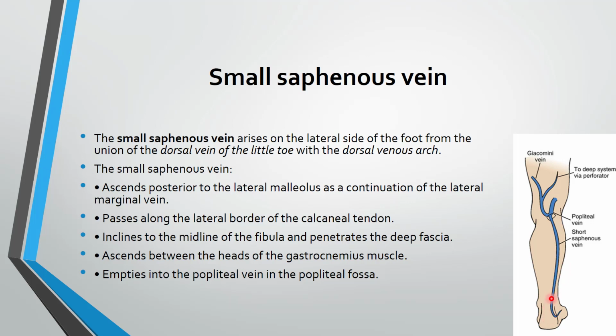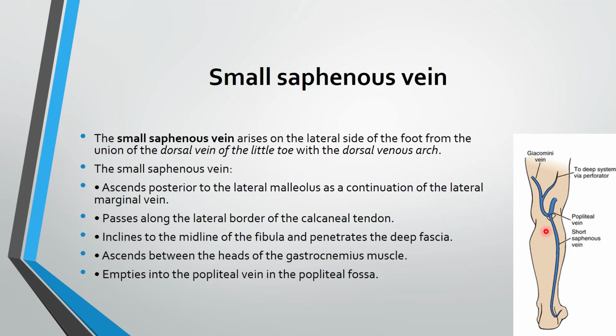It will pass along the lateral border of the calcaneal tendon. There is the tendocalcaneus present here at the back of the foot. So this small saphenous vein passes along the lateral border of the tendocalcaneus, inclines to the midline of the fibula, and penetrates the deep fascia.